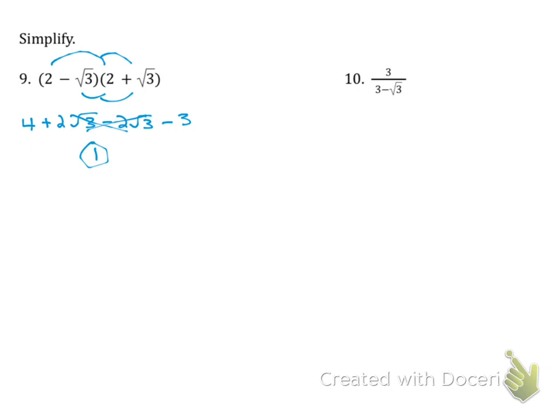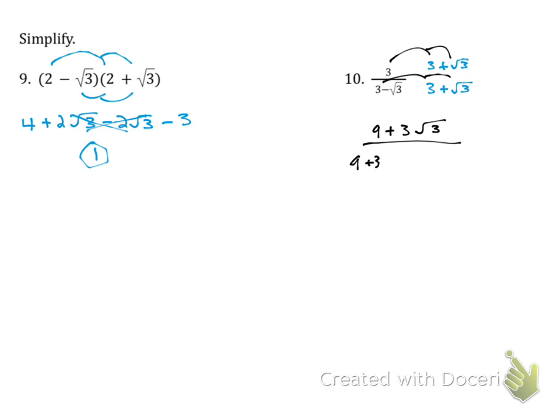Number 10, need to multiply by the conjugate. 3 plus the square root of 3. Numerator, distribute. 3 times 3 is 9, plus 3 times the square root of 3. Denominator, we need to FOIL, but since it's the conjugate, the outer inner part's going to cancel, but first gives you 9.